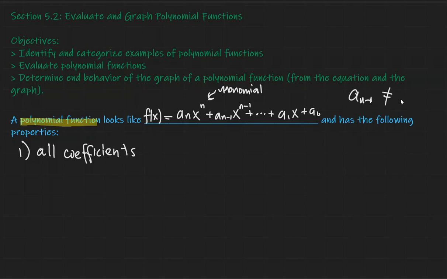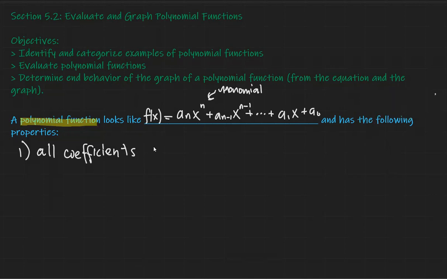It's not a sub n, minus 1. This just means that we're going down. It's 1 less than a sub n, then a sub n minus 2 is 2 less than a sub n, etc. Just to clarify that.